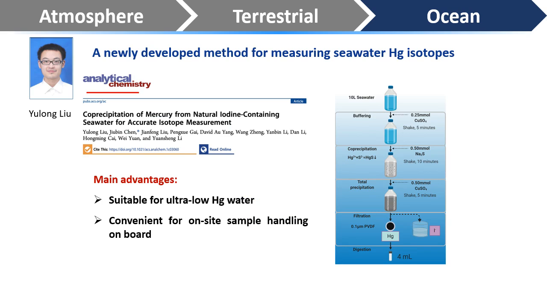This is achieved by precipitation of mercury as sulfide followed by MC-ICP-MS measurement. So the method is suitable for very, very low mercury concentration, and especially convenient for on-site sample handling on board. So this is very important.